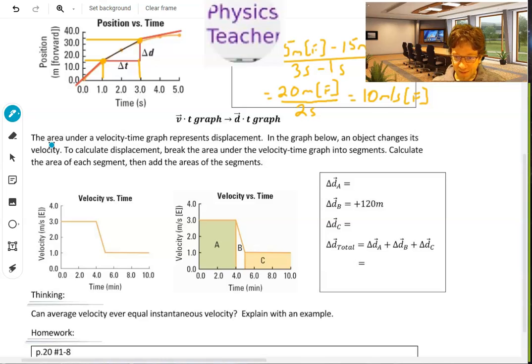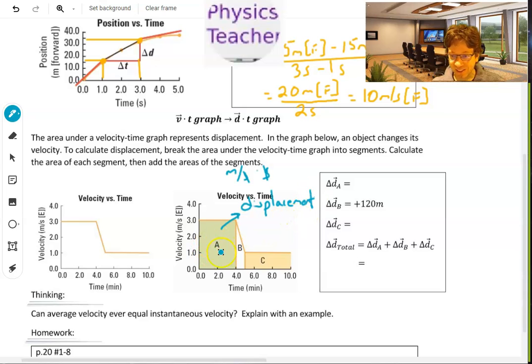So what would happen if I did meters per second times seconds? Well, the seconds would cancel and you just end up with meters. So by finding the area under a velocity time graph, it'll tell you your displacement. So this tells you your displacement, not your position, your displacement.